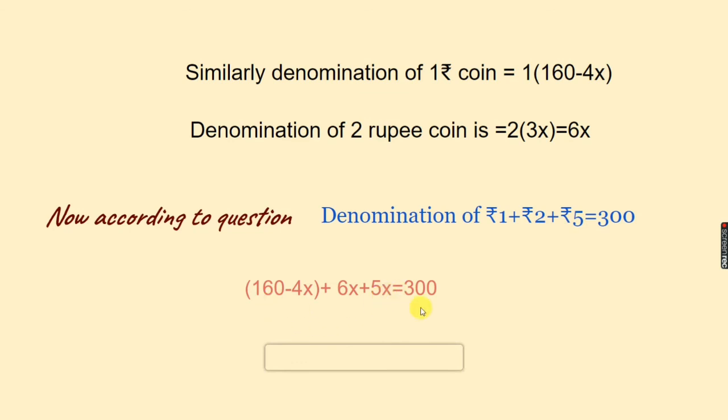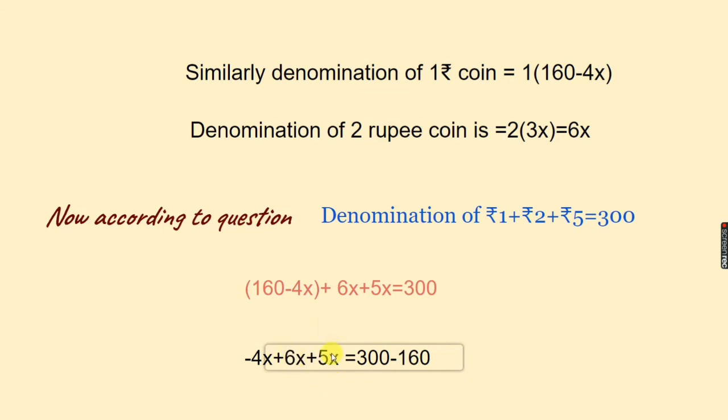Adding all of them is equal to 300. Now we transpose this 160 to the right hand side. Here it is in positive sign, but when we shift it to the other side it would be with the negative sign. So we got minus 4x plus 6x plus 5x is equal to 300 minus 160.